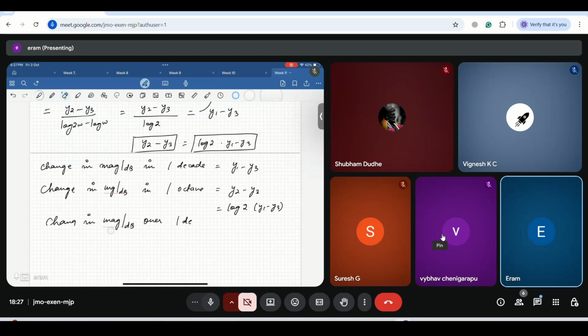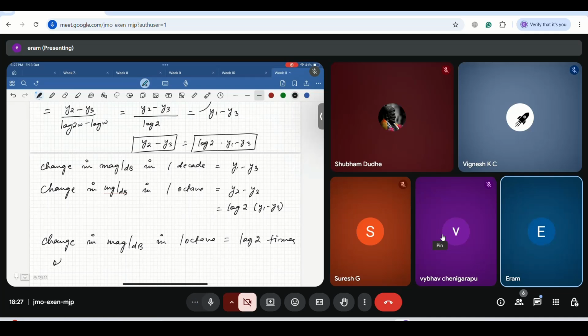So what we can conclude is the change in magnitude in dB in one octave is equal to log 2 times the change in magnitude in dB in one decade.